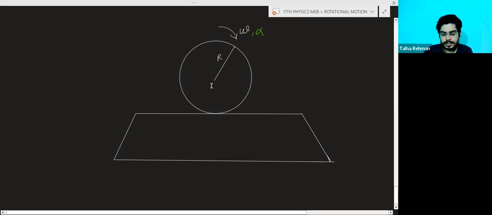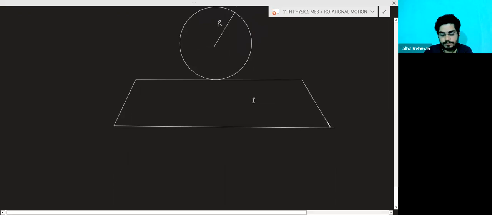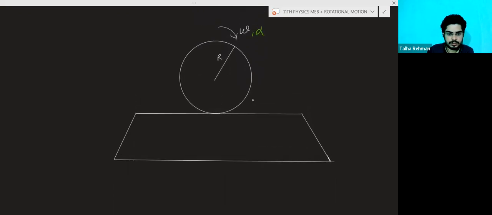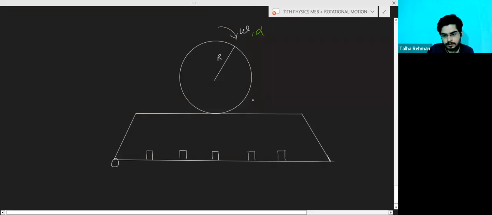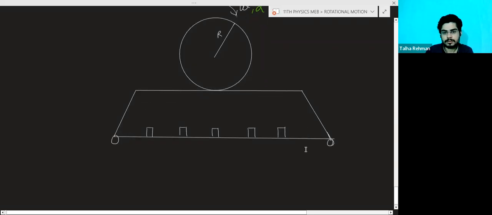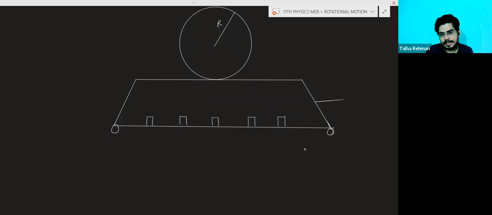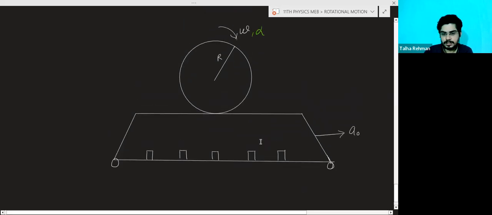So this is rolling on this platform. You can say this is some object, and this has some acceleration A naught. This is the platform.